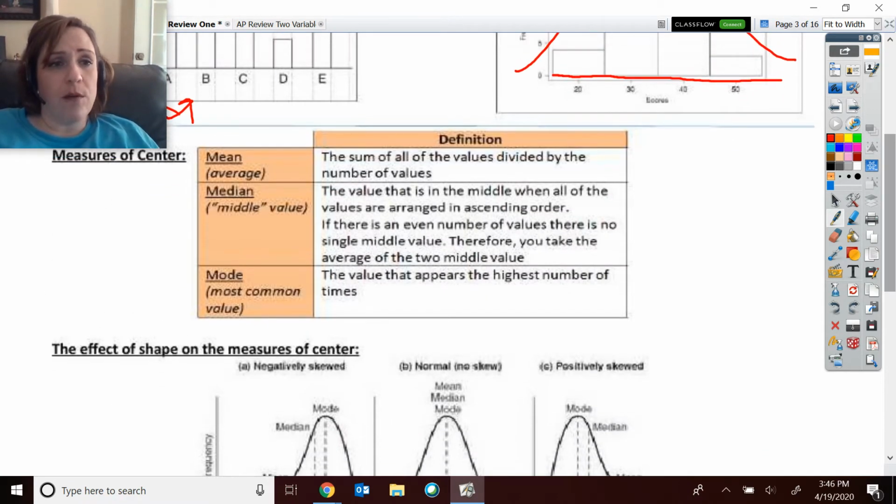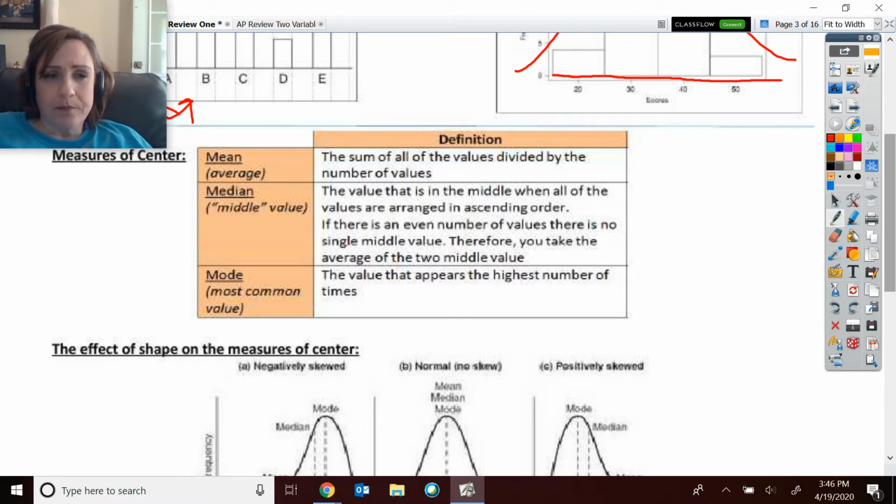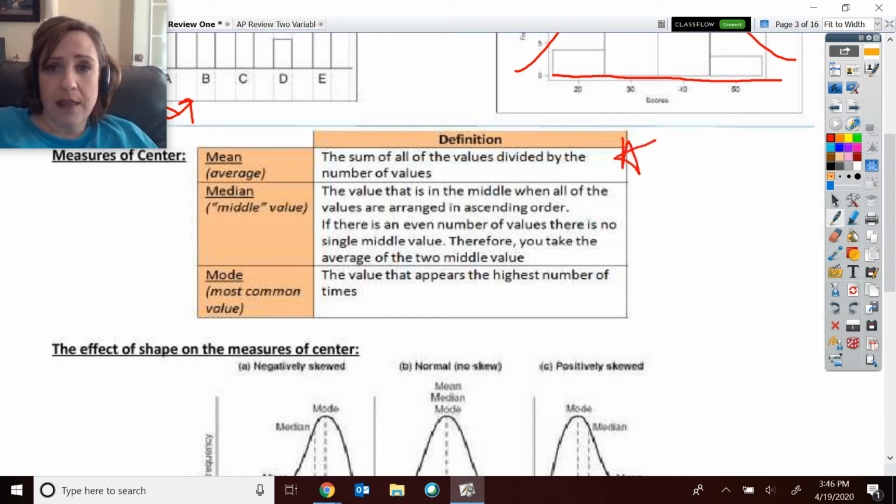All right, so now our measures of center. We like to use the mean when we're dealing with all of our problems about t-tests and z-tests and all that kind of stuff. But that's because we've established that they're approximately normal, okay, or they follow the normal model or the t-distributions.